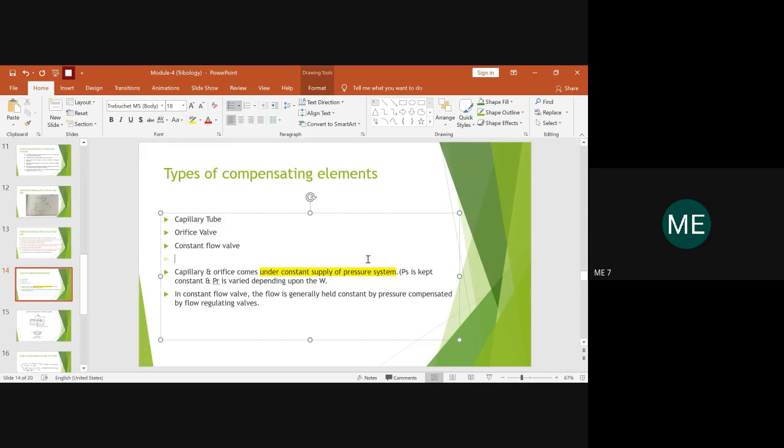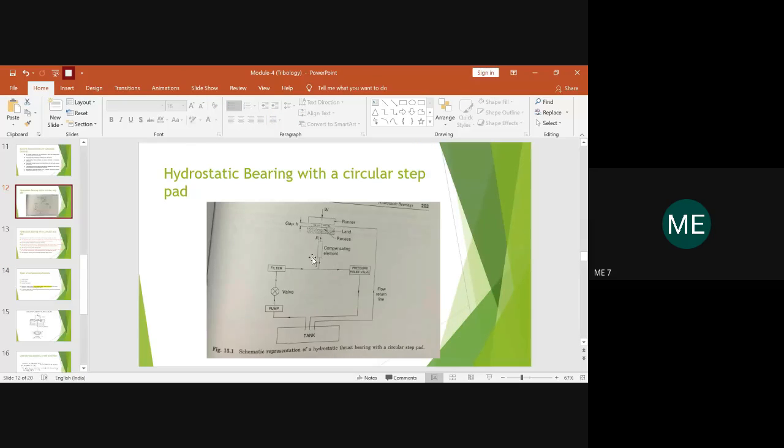In this case, the PS value is always kept constant, and only PR is varied depending upon the load which has been applied. It is simpler because there is no need to vary PS here. Varying PS is troublesome work, because you take the oil from the tank, it passes through the pump, you have a valve, it filters, and if the pressure of the supply of the oil film is very high and has to be altered every time, then the initial setting arrangement will be time consuming.